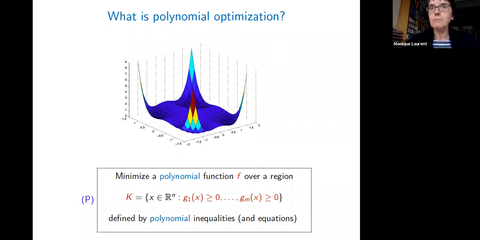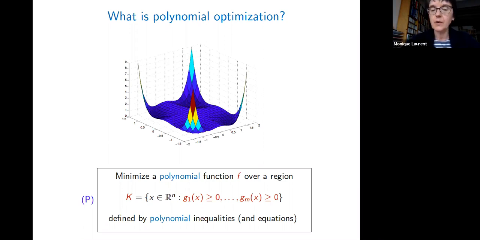When talking about minimizing a polynomial, this is the same thing as trying to find the largest scalar lambda so that f minus lambda is non-negative over the feasible region. So very close by, we have this question of testing non-negativity of a polynomial.